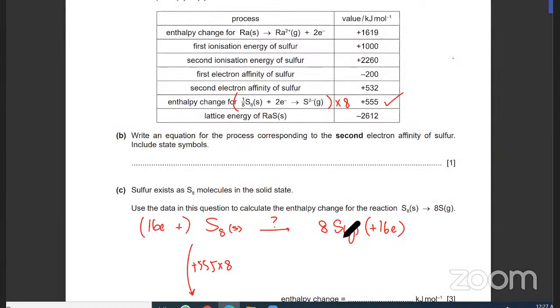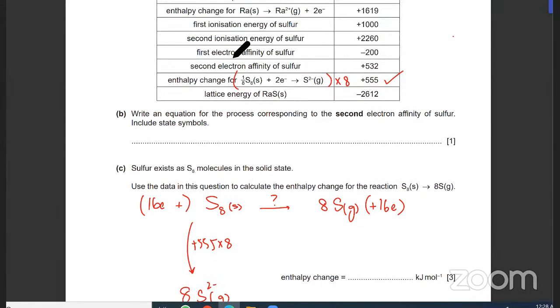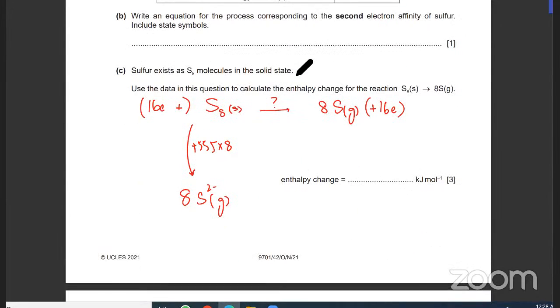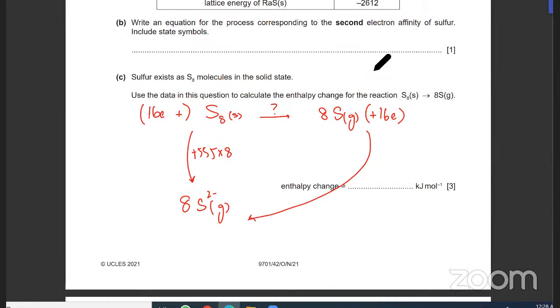So I've got sulfur gaseous, and it's getting 16 electrons. I've been given the electron affinity of this, the first electron affinity and the second electron affinity of sulfur. So the sum of that, multiplied by 8 again. And the electron affinities, that's minus 200 plus 532, right?